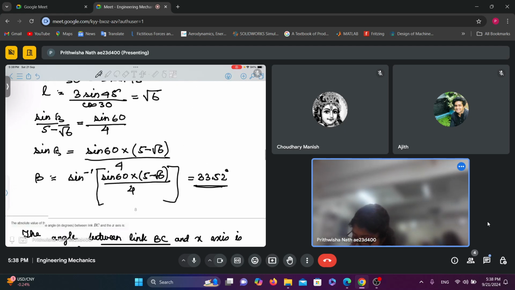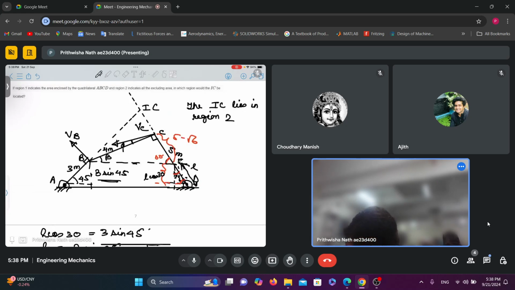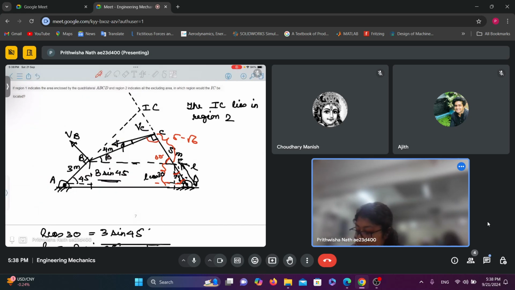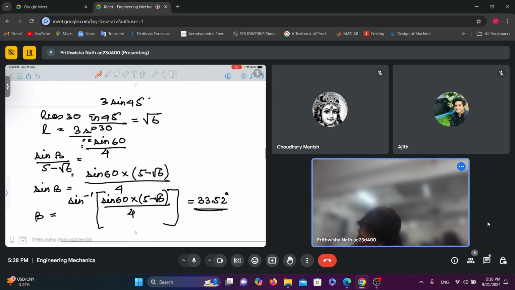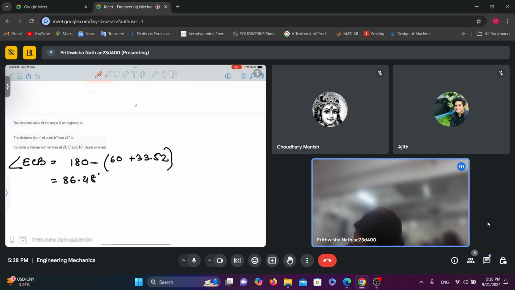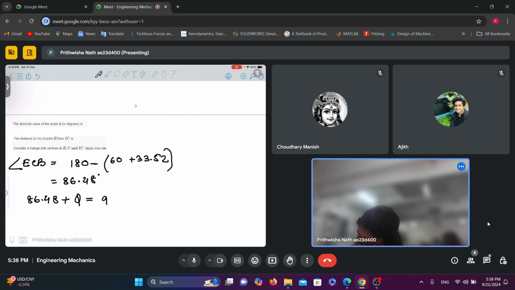Now I know this angle. This angle I know. And I know the total angle is 90. This total angle is 90 degree, right? So I can write this as 86.48 plus phi equals 90 degree.